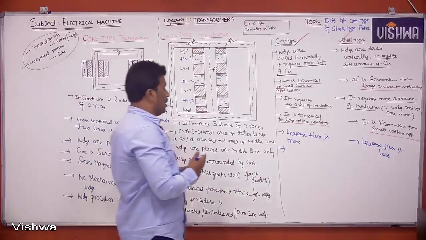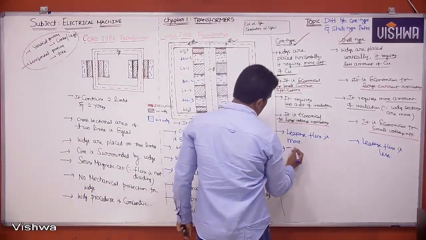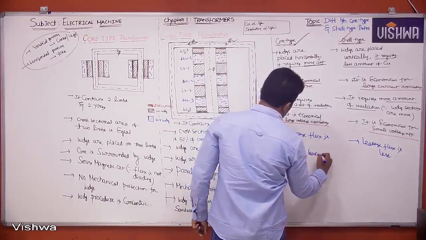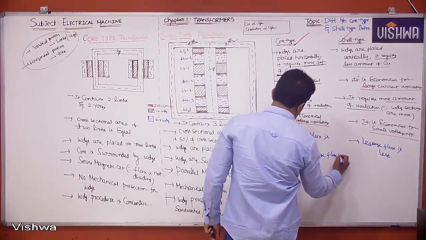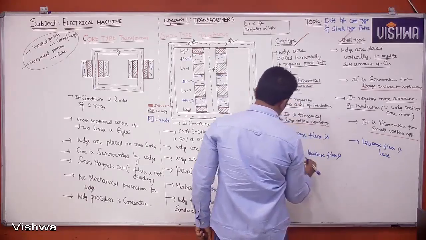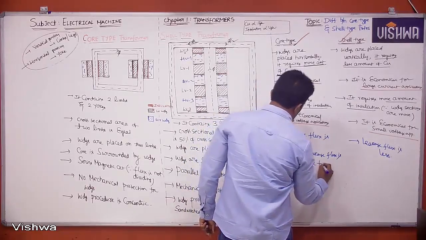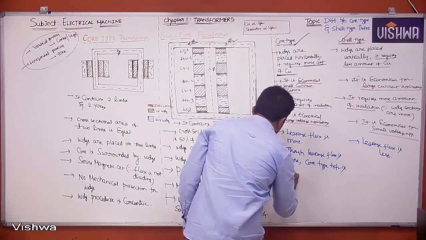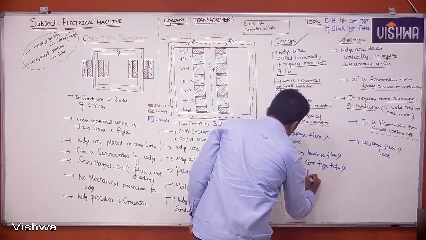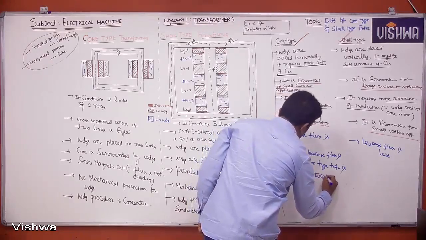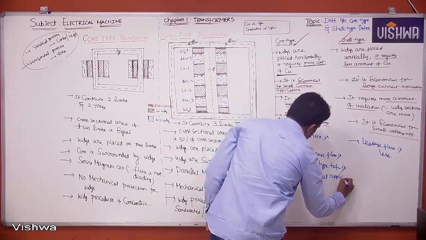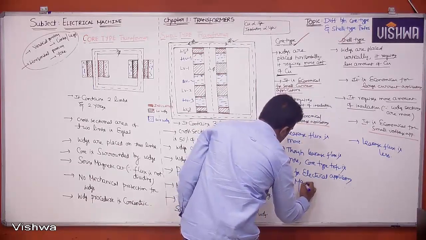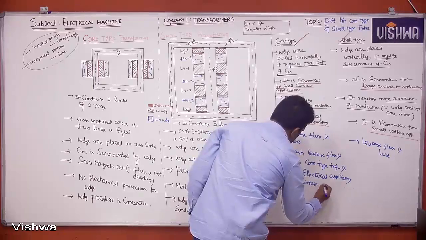So I can write here: though leakage flux is more, the core type transformer is used for electrical applications, since maintenance is easy.